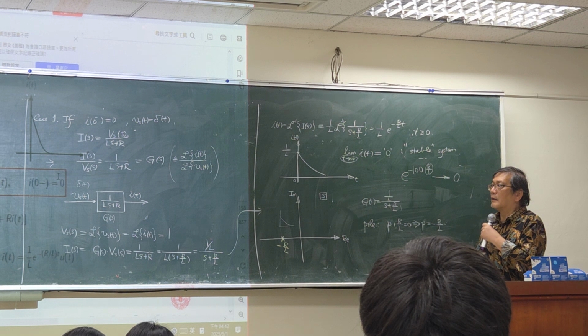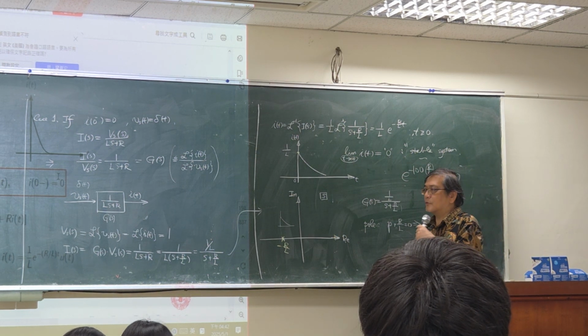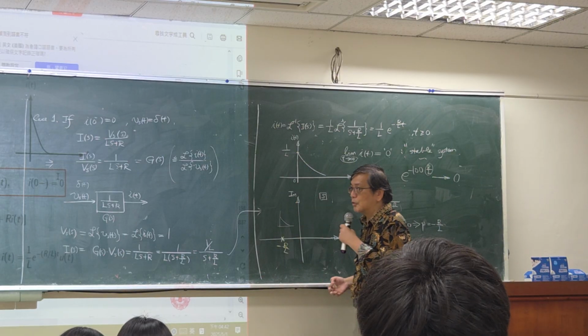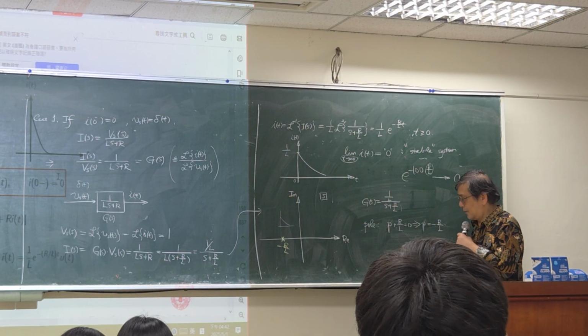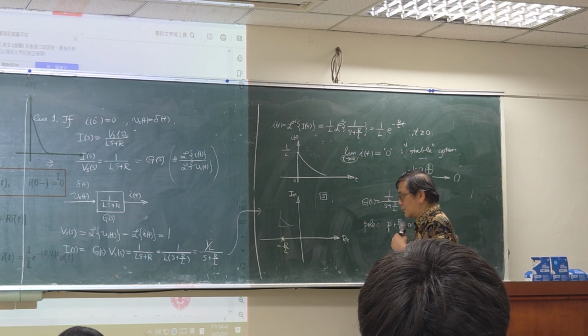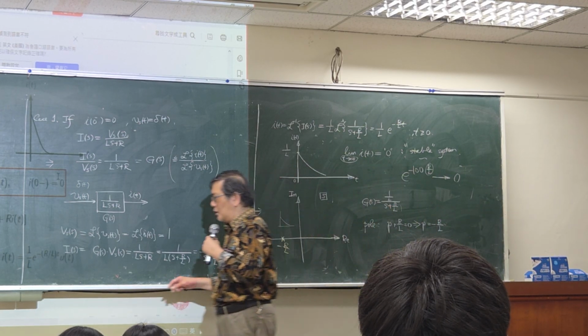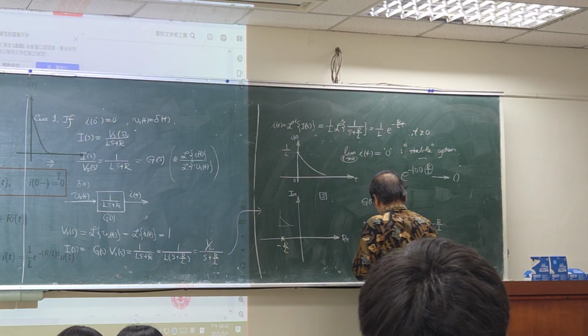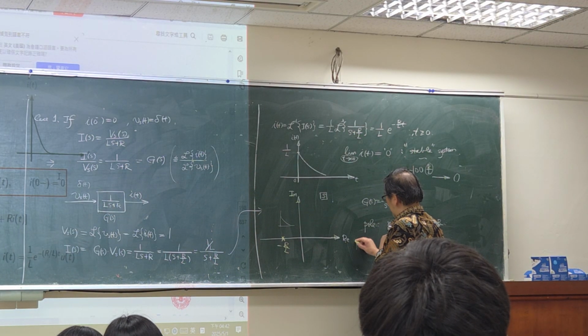Now, we can extend the concept to higher order systems or higher degree polynomials, and they will have a similar conclusion. So for all the poles of the system, here's a quick remark.